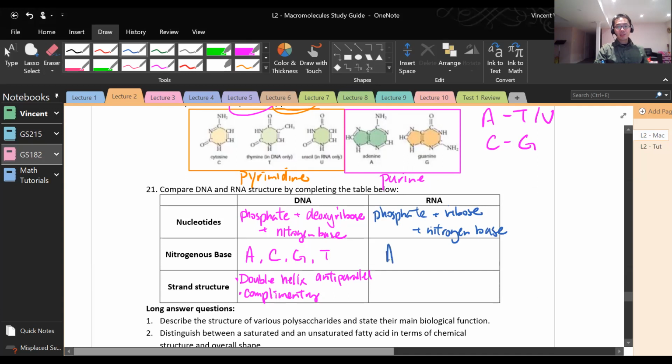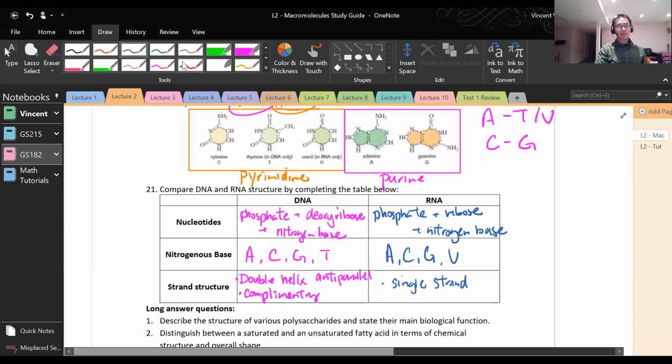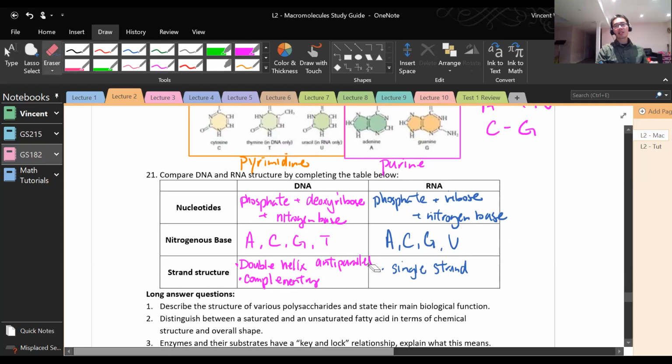Instead of thymine, you would have A, C, G, and U. And it is a single strand. I spelled complementary wrong here. It should be an E. Complementary means if you know one side, you can predict what's on the other side.